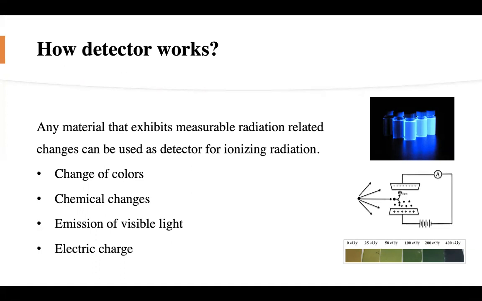So these are the 2 main interactions that the detector is based on in its work. Any material that exhibits measurable radiation-related change can be used as a detector for ionizing radiation. So if the color changes, we can calibrate this and use it as an indicator for the radiation dose. Or chemical changes, or emission of visible light, or electrical charge.